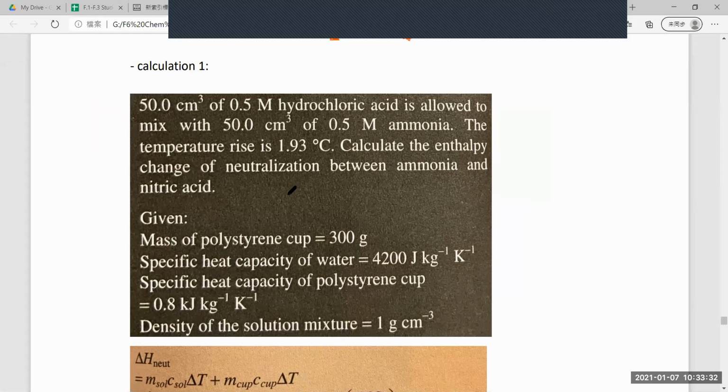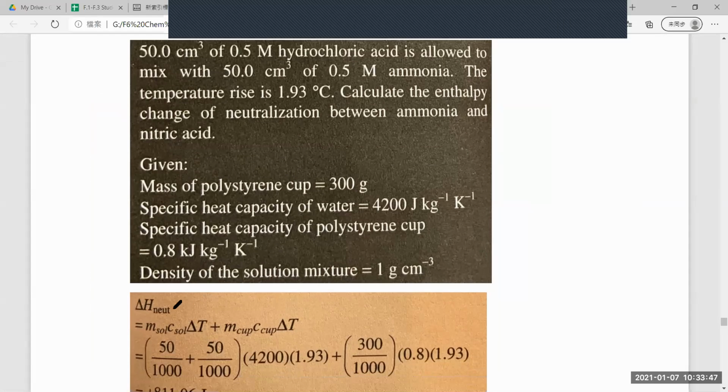The temperature rise is 1.93 degrees Celsius. So calculate the enthalpy change of neutralization between ammonia and nitric acid. Nothing to be mentioned about standard state or not, but you just write down delta H of neutralization. So they present it like this.